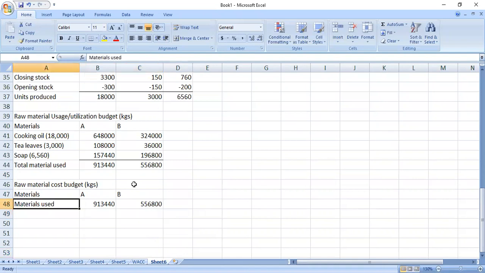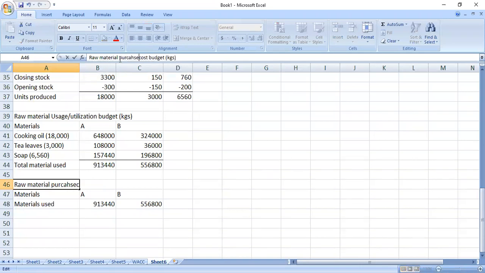So ask ourselves, did we have anything left after using this? And if there was, is there anything that we began with? So what did we actually buy? What they call material cost or material purchase. Let's say material purchase. If I attach the cost first, I'll just get the material purchased.